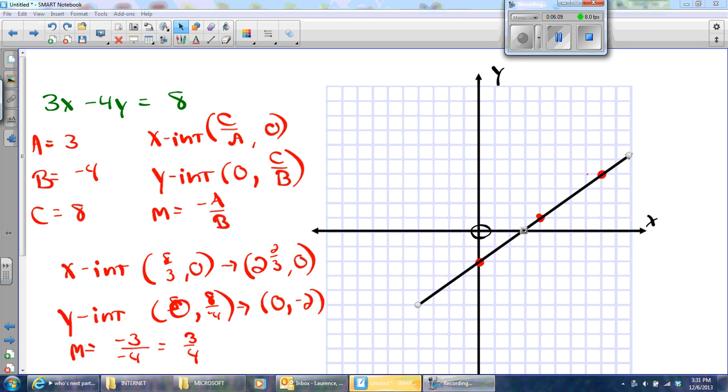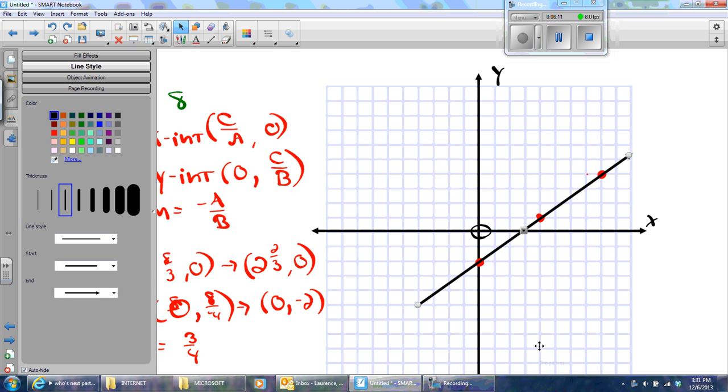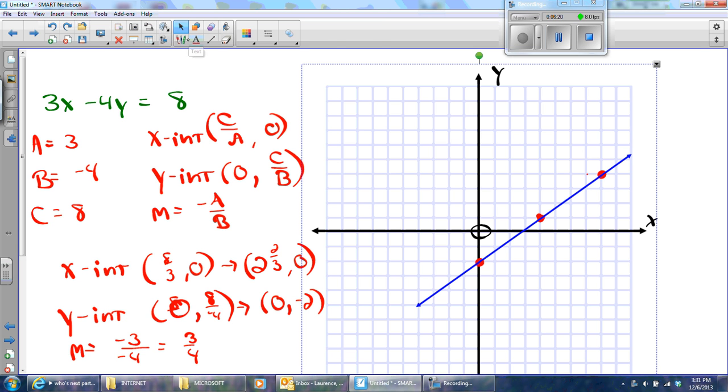That looks pretty good. Now, notice I didn't graph the y-intercept, but notice it's crossing the x-axis right around here, isn't it?